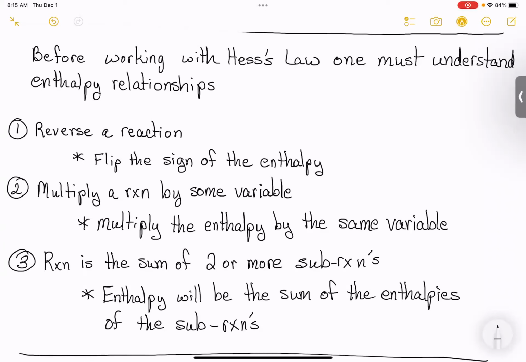Questions about the rules? Because we are fixing to get into some examples. I'm going to work an example of each rule first, and then we're going to apply the examples to Hess's law.